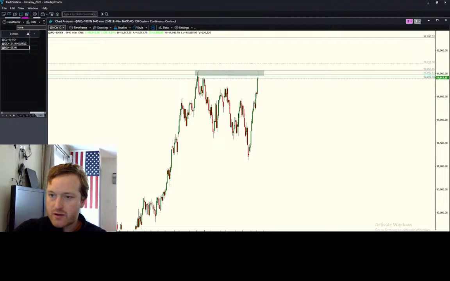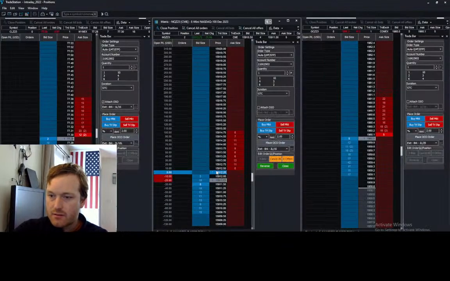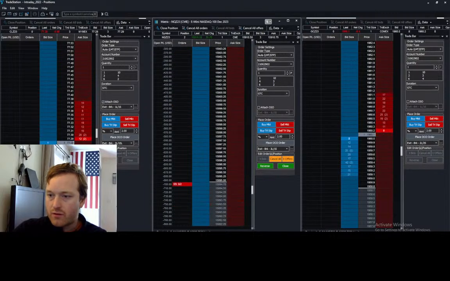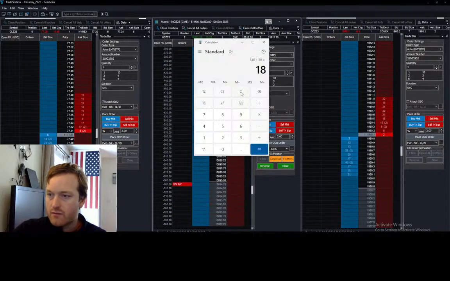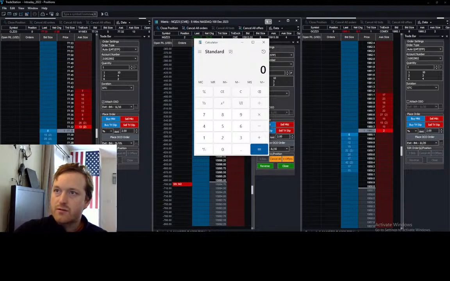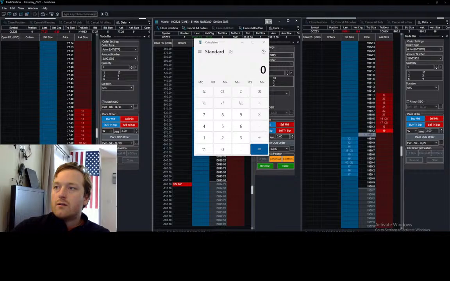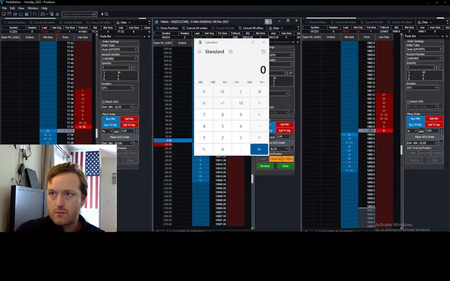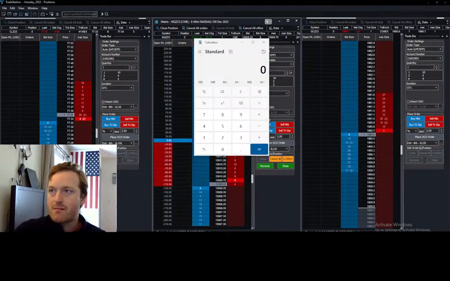My risk on the trade is from 12 to 95. That's 17 or so, 17.5. Something like that. 1-to-1, $700.